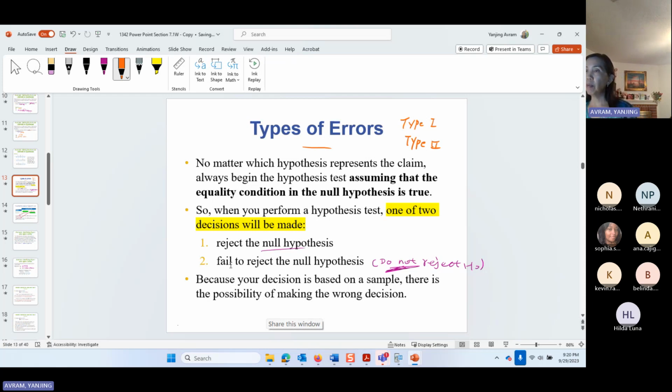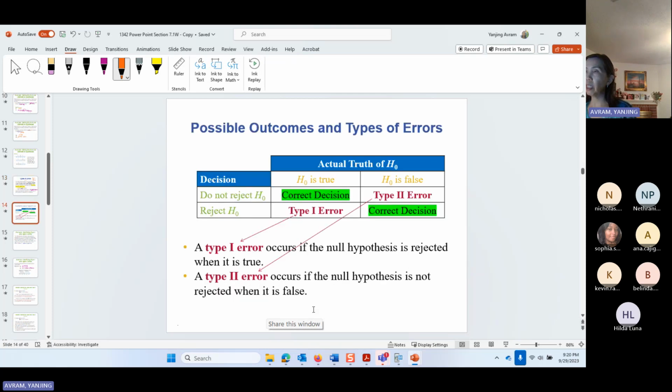One decision is that you reject the null hypothesis, or you fail to reject the null hypothesis. So there's a possibility of making the wrong decision. Where's the wrong decision in here? Look at it.